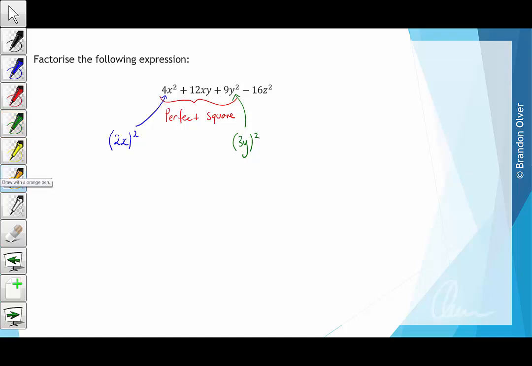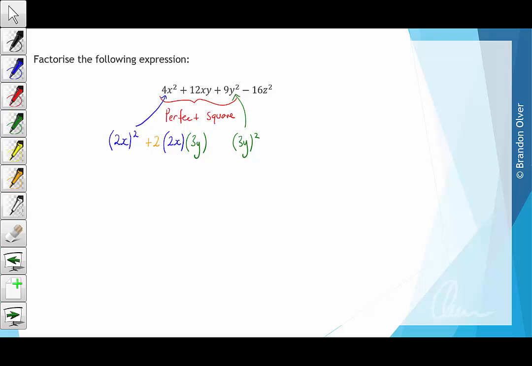Looking at the middle, the 12xy is actually the same as twice the outer terms' square roots multiplied together. So that is, it's equal to 2 times 2x times 3y, which you'd see would give the 12xy that we see in the middle of the perfect square above.